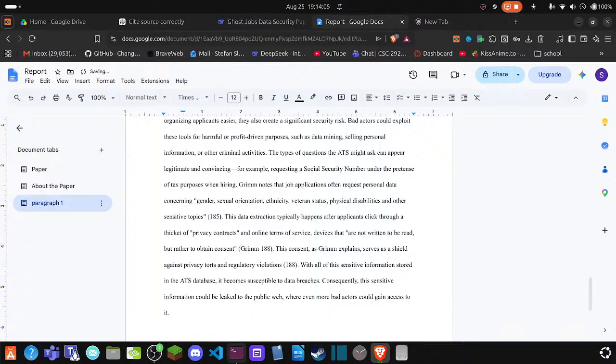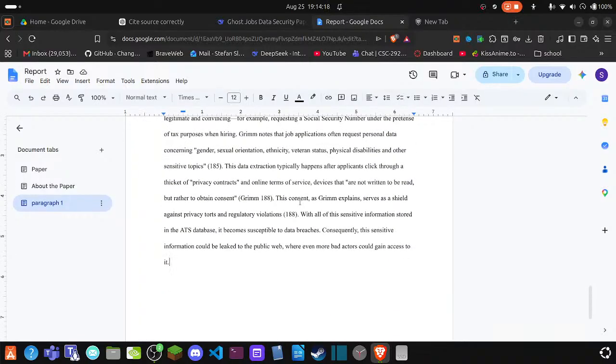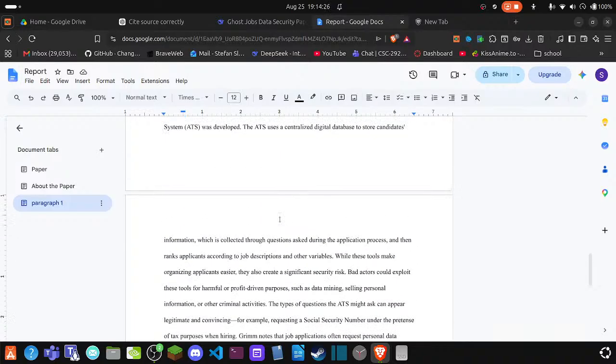There we go. What? Oh no. This concept, as Grimm explains, is a shield against hackers and right-wing violence. What the fuck?